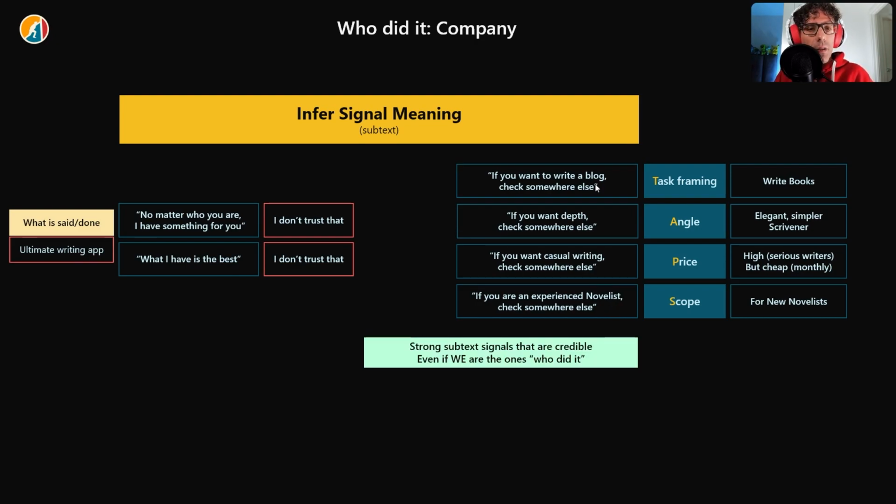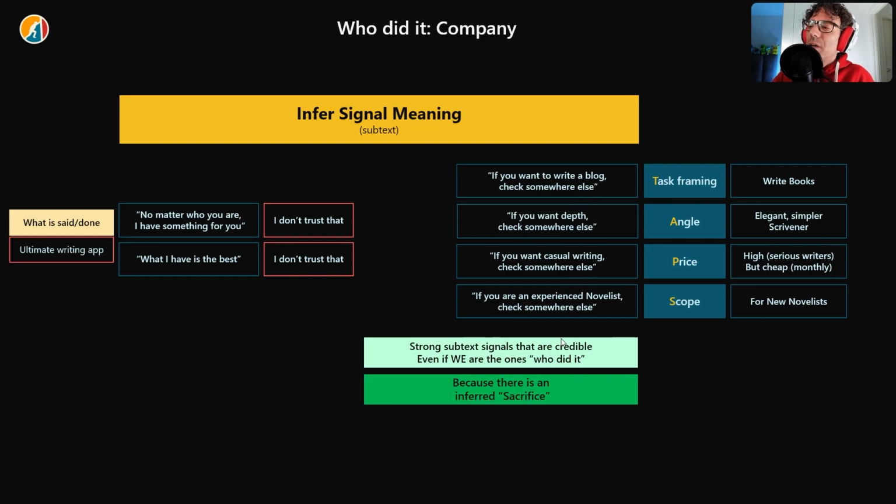And why are they credible? They're credible because there is an inferred sacrifice. What you are saying is we do this and we don't do that. The first sounds desperate. We see your desperation, trying to boast everything: I have everything for you and everything is the best.